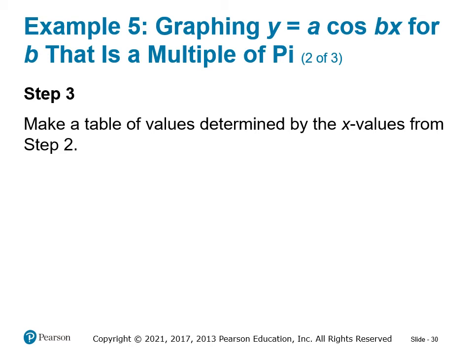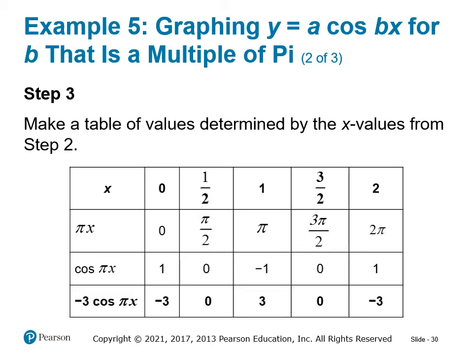Now we make our table of those x values. And we can see that when we multiply it back by b, which is pi, we get back to the normal quadrantals. So we know all these cosine values here: 1, 0, -1, 0, and 1. And then the last row of the table is multiplying by the amplitude multiplier, and we get -3 for that.